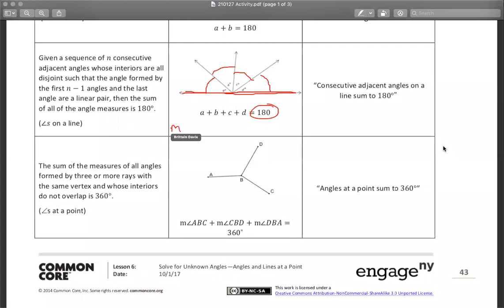So, of course, the way we might write that is measure of angle A plus the measure of angle B plus the measure of angle C plus the measure of angle D all add up to 180 degrees. All right, and this is what we call angles on a line. And I just abbreviate the angles with that notation that hopefully you're recognizing regularly now.